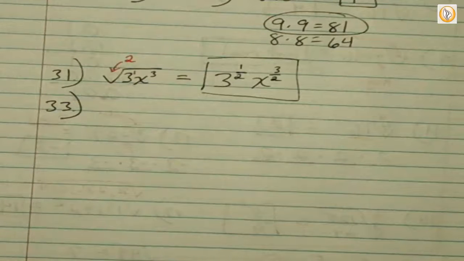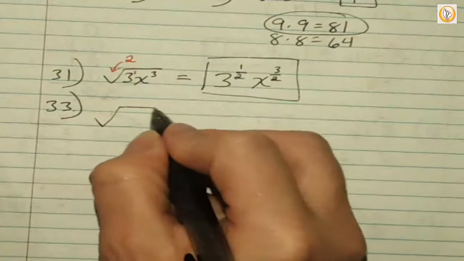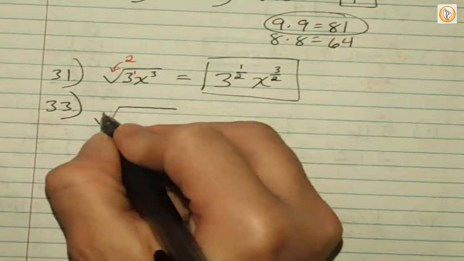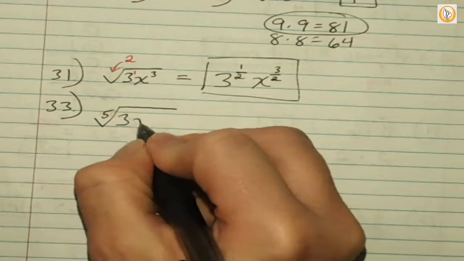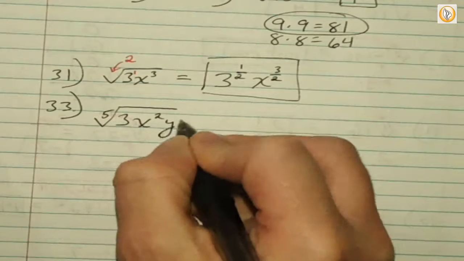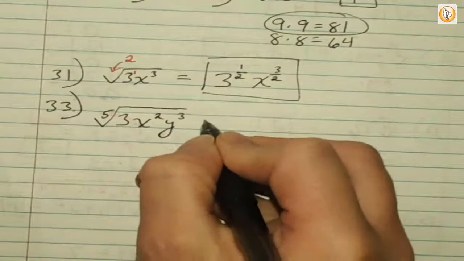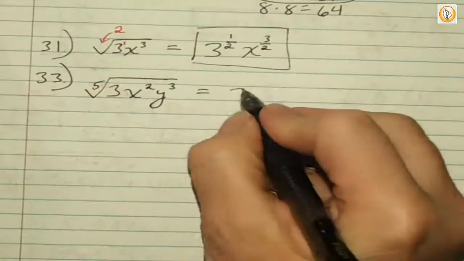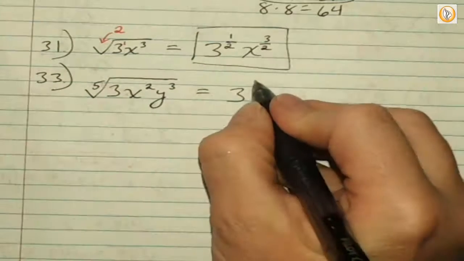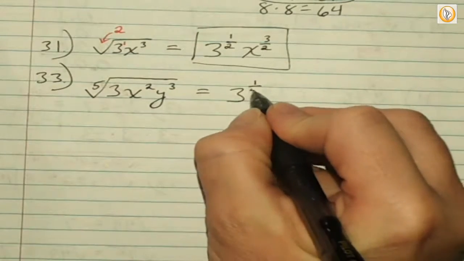Do you want to do this one? Yes. Okay, good. So we have a root of 5 and 3x squared y cubed as the radicand. Equals 3, and then 1 as the numerator, and 5 as the denominator.